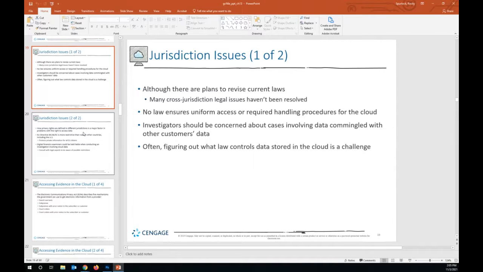So investigators should be concerned about cases involving data commingled with other customer data that's unrelated to the investigation. So we have cross-jurisdiction legal issues. Many of these still have not been resolved. So often figuring out what laws control data stored in the cloud is a big challenge.